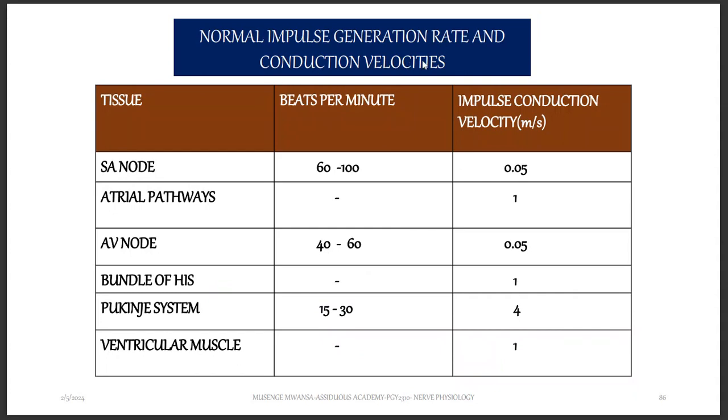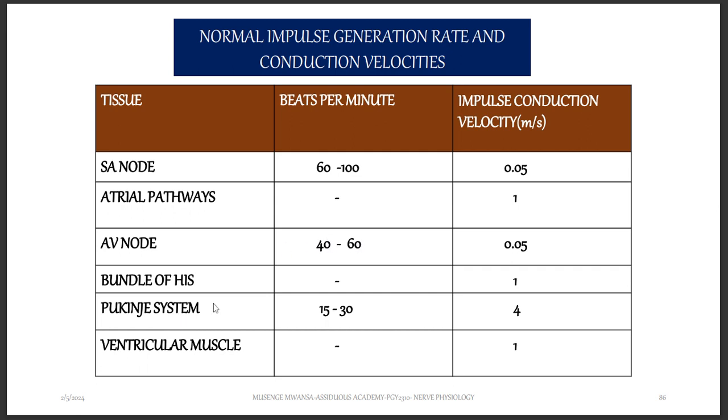So the normal pulse that is generated by the conduction system, and also the velocity. If the SA node is the one generating the heartbeat, it generates 60 to 100 beats per minute, which is the normal one. The AV node generates 40 to 60 beats per minute, which is a bit slow.